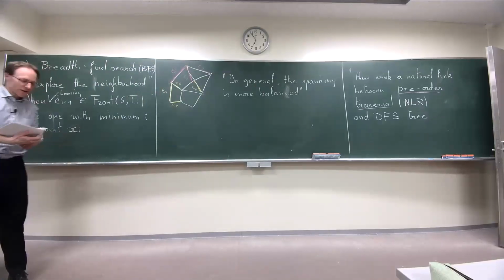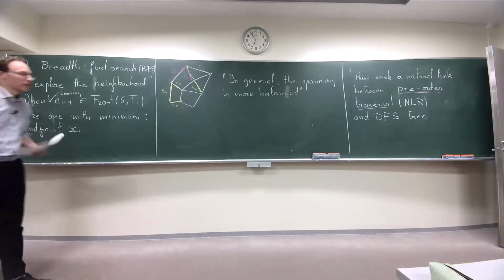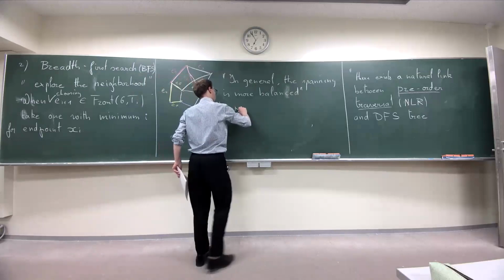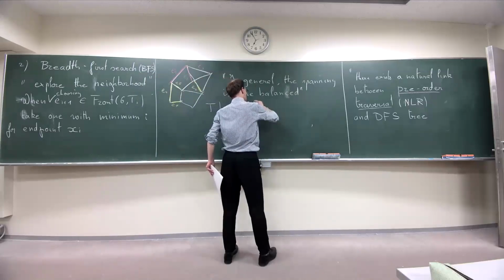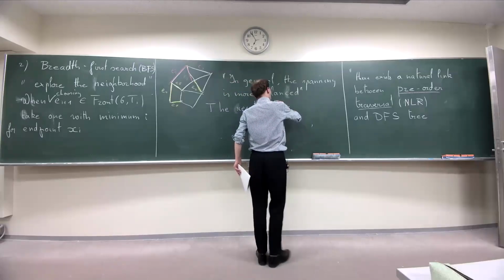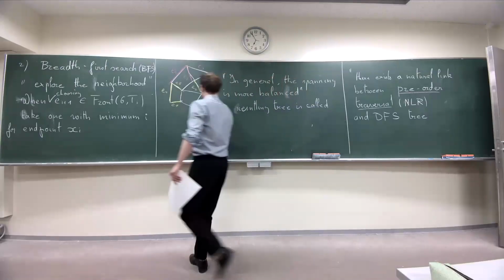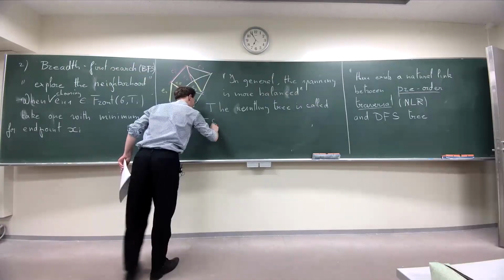But as a rule, it's more likely that the graph is balanced. And the resulting tree is called, as you can expect, a BFS tree.